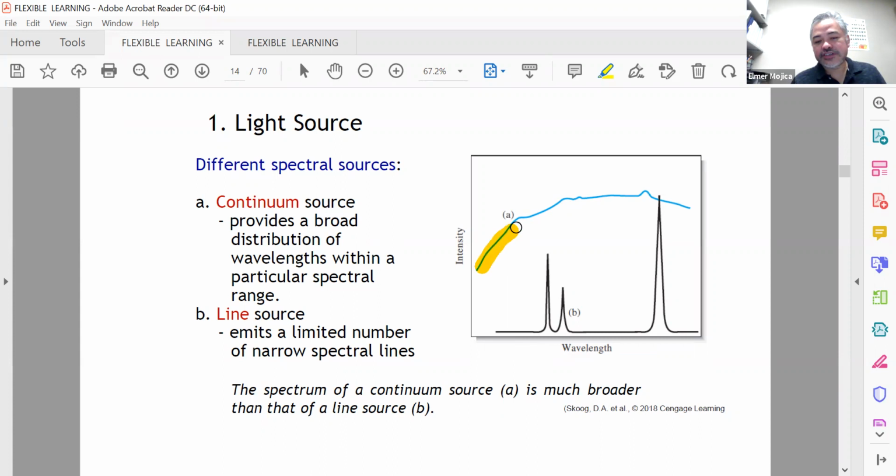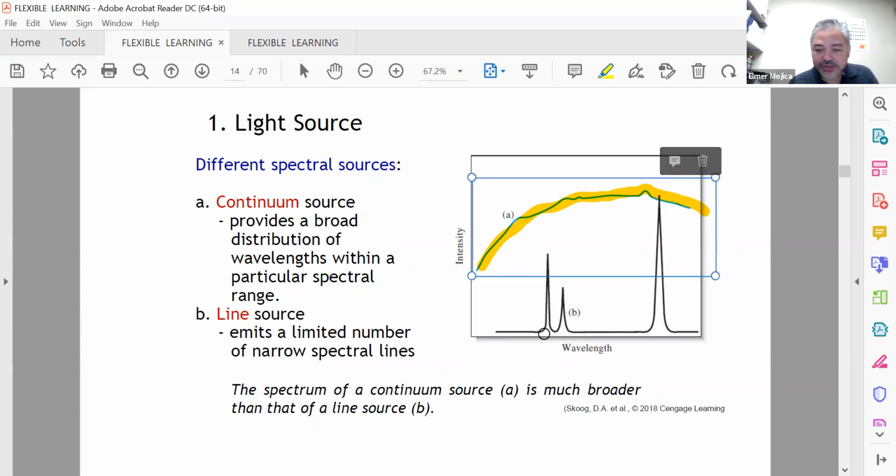As you could see, there's a range wherein the continuum light source can provide the radiant power that you need, compared to a line source like this one. So you can just use it at this wavelength, and this wavelength, whatever wavelengths you have here, here, and here.